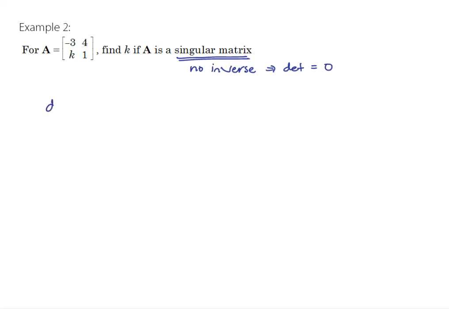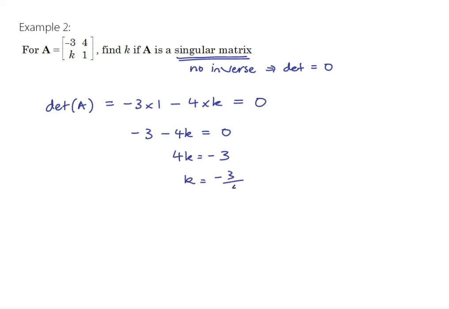So we want to have a look at the determinant of this matrix A. We know that is AD minus BC, so negative 3 times 1 minus 4 times k, and that has to equal 0. So we've got negative 3 minus 4k equals 0, so 4k equals negative 3. So k has to equal negative 3/4 if this is to be a singular matrix.